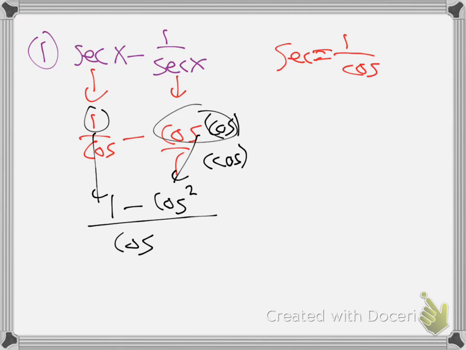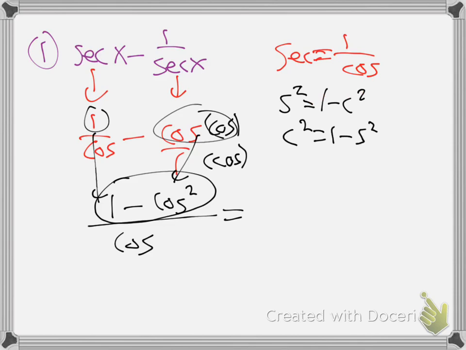I just did common denominator there and put them together into one fraction. As soon as you see 1 minus cosine squared, remember, sine squared is 1 minus cosine squared, and cosine squared is 1 minus sine squared. That relation will come up all the time, so you want to recognize it. 1 minus cosine squared, oh, that's sine squared. I just replace that with sine squared. Everybody see that?